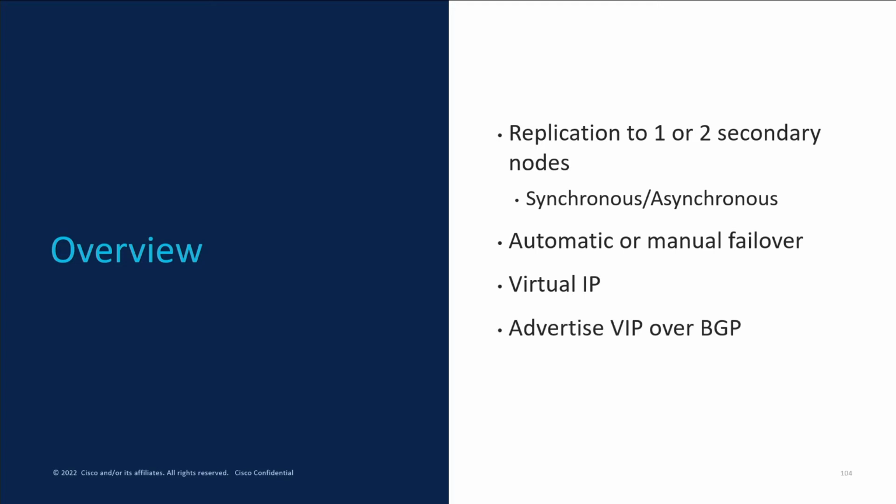And we support advertising of virtual IP over BGP. So the question is, what have changed? And we also have alarms and failure, because in case of failure, it's important to actually notify northbound systems that something has happened, and then you probably need to do some intervention to solve the issue.